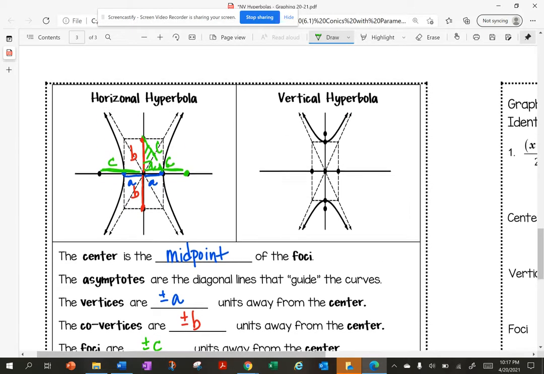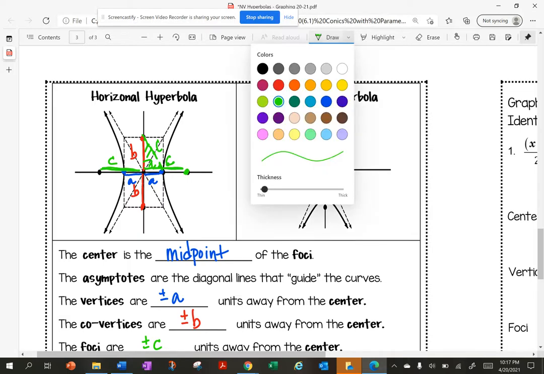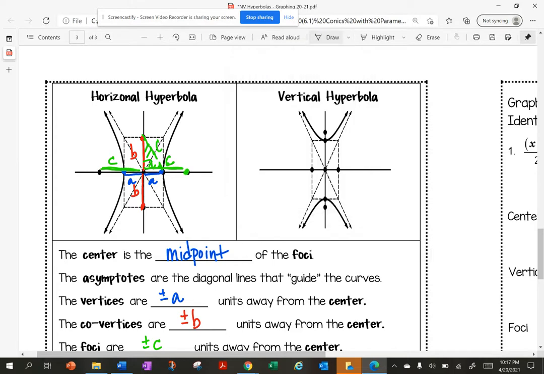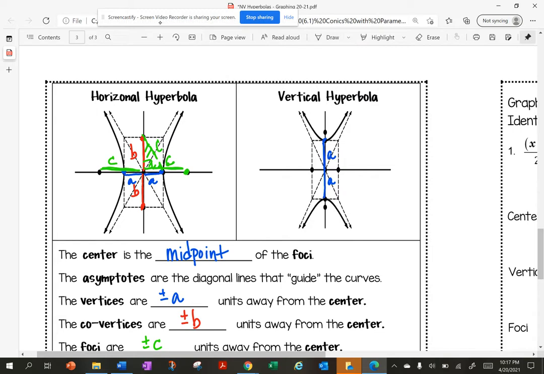Okay, so let's do the same thing on the vertical. So a is to the vertices. So a is from the center to the vertices. So here's a. B is to the co-vertices.